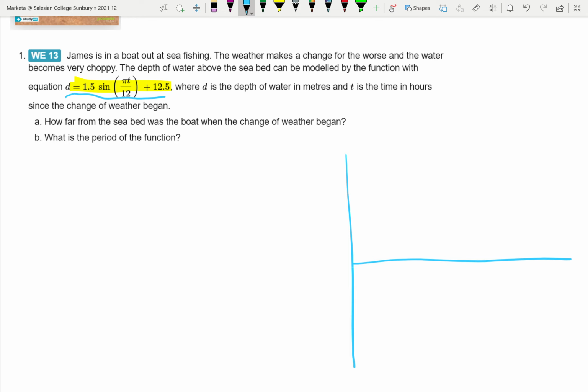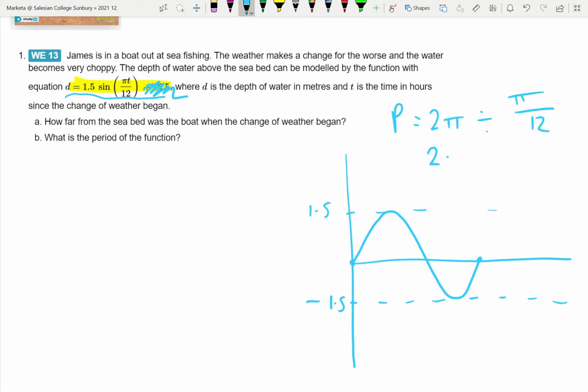If we're looking at a sine graph, this one without the plus 12.5 would go from negative 1.5 up to 1.5 and look like this, and then the period of this function is 2 pi divided by whatever's in front of the t. So that's 2 pi times 12 over pi, and we can cut out the pis, meaning 24. So one cycle of the graph is going to go to 24.